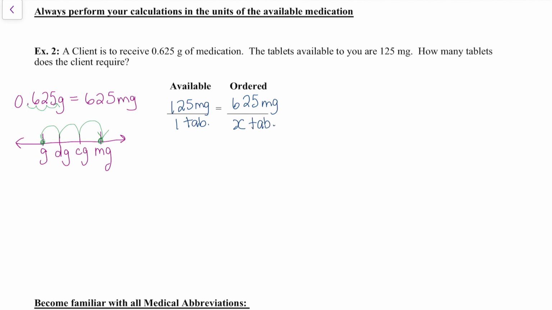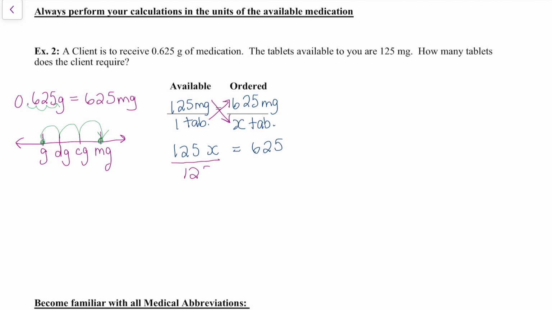Again, you'll notice I have available on one side, ordered on one side, milligrams on the top, tablets on the bottom. And now we're going to do our cross multiplication. So I get 125x equals 625. And then I want to get the x by itself.